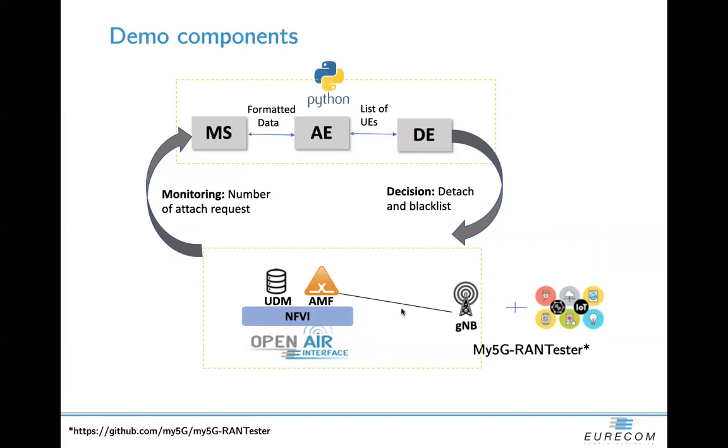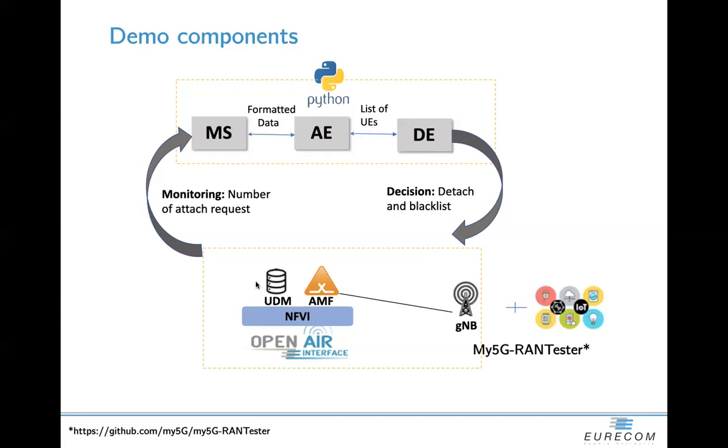This means that the AMF will see a real attach that comes from these devices using the NGAP protocol, and the AMF will send the information to the monitoring system, and the loop is closed.